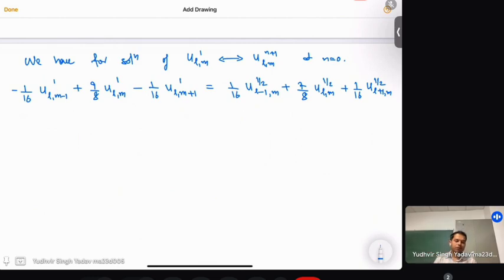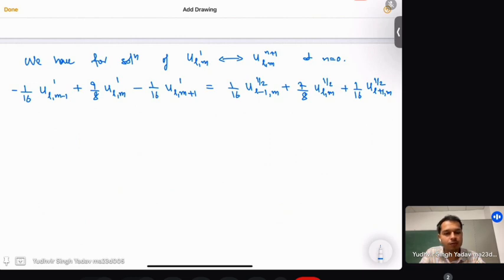So as we have done at the first step of the ADI method, we just have to repeat the similar steps for the second step. The difference between both are these. Earlier we knew the solutions at the 0th time level, and we found the solution at the half time level. But in this step, we need to find the solution at the 1st time level, that is n plus 1.